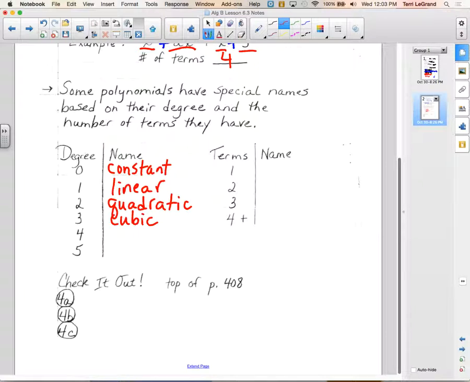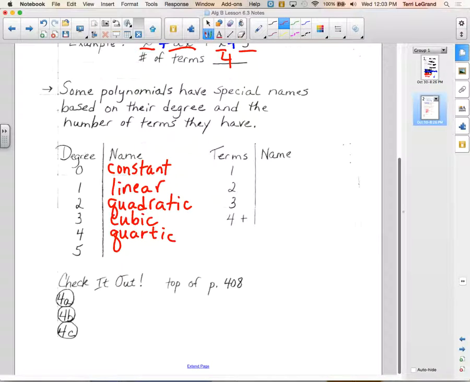Degree 4. It's in your book, by the way. Can somebody else give us degree 4 besides Isaac? What is it, Malcolm? You're close. It's actually quartic, like the word quart, Q-U-A-R-T, I-C.